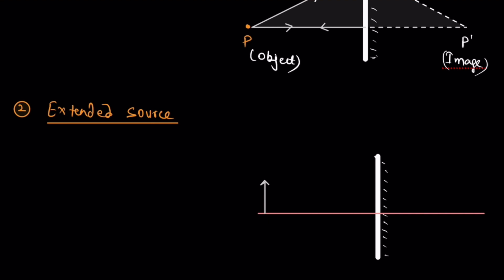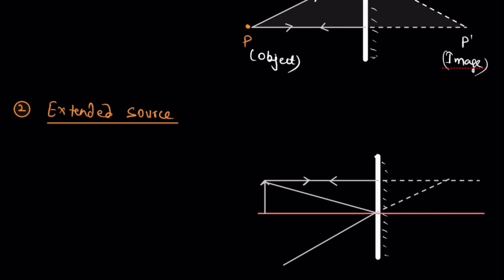So two rays we can take. One we can take easily, parallel. It will reflect back and the dotted line will go behind the mirror. Second one, it will reflect and then it will meet here.